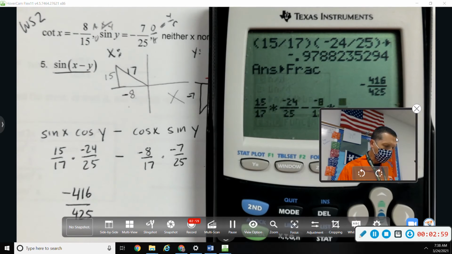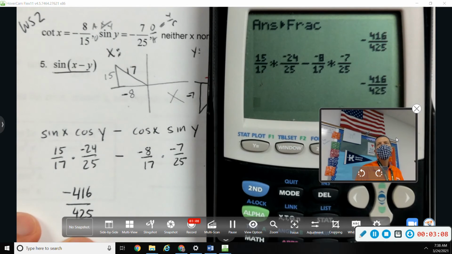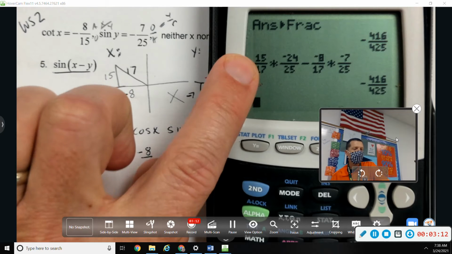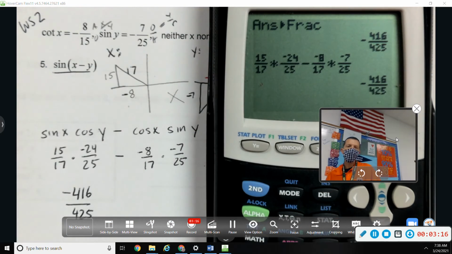I'm doing it to check my work here. Make sure I get the same thing both times. And I did. The nice thing about the fraction bar is if you put it all in with fraction bars, the calculator assumes you want a fraction answer, so it gives you a fraction answer.